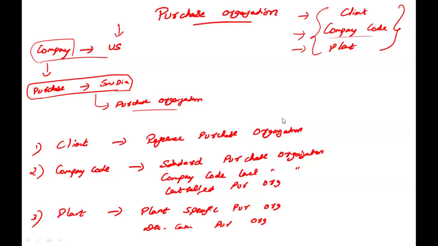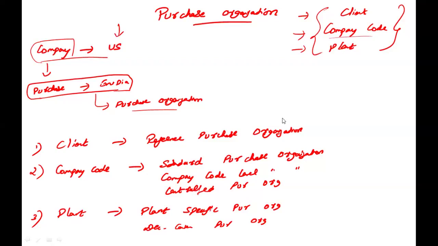And this purchase organization is also divided into different levels. It is based on the client level, company code level, and the plant level. When we say that the purchase organization is at the client level, we call that purchase organization the reference purchase organization, or we can also call it the sourcing team.